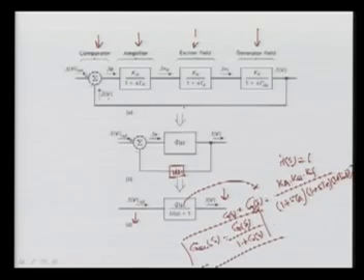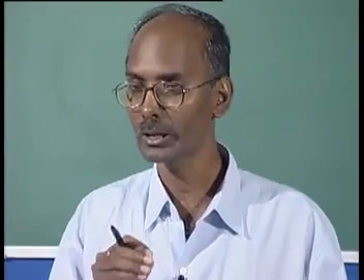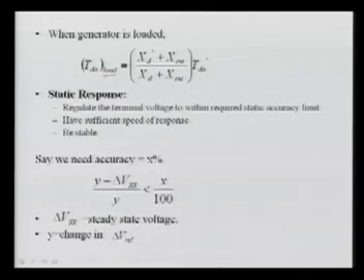Normally when your generator is not loaded, we consider the TDO prime. But once it is loaded and taking current, that value is modified to TDO at load. Here XD is the transient direct axis reactance, and X external, and from these values we can get the TDO with load.